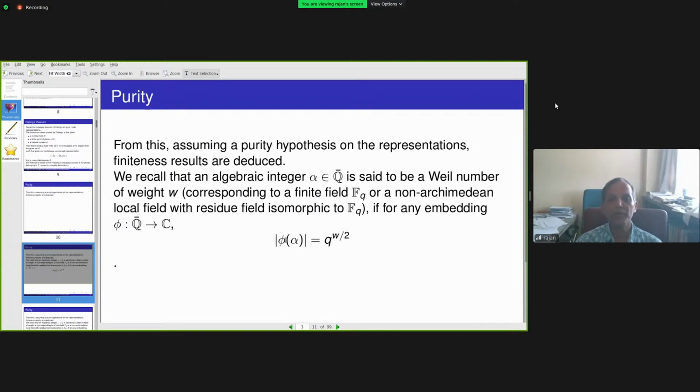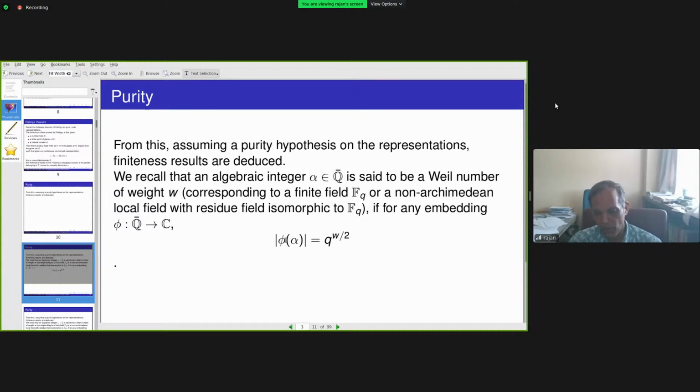An algebraic integer alpha in Q bar is said to be a Weil number of weight W, corresponding to either a finite field FQ or a non-Archimedean local field with finite residue field isomorphic to FQ, if for any embedding of the field of algebraic numbers into the complex numbers, taking the usual absolute value, it is Q to the power W over 2.